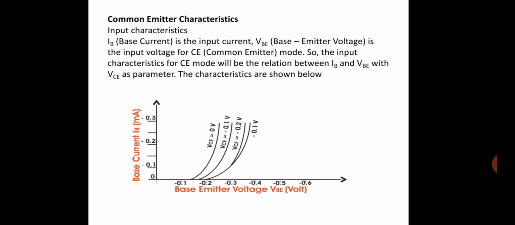Here output voltage is fixed constant, then as input voltage is increased slowly, input current increases like a diode. When output voltage is fixed at another value, then increasing the input voltage increases the input current like a diode, as in the figure.